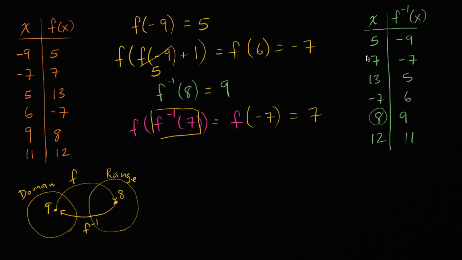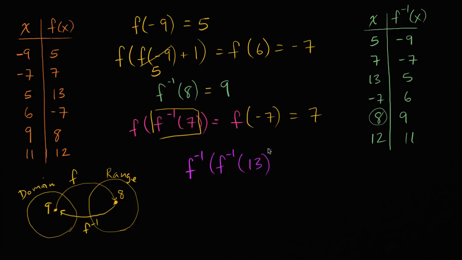So let's do one more of these, just to really feel comfortable with mapping back and forth between these two sets, between applying the function and the inverse of the function. Let's try to evaluate f inverse of f inverse of 13.